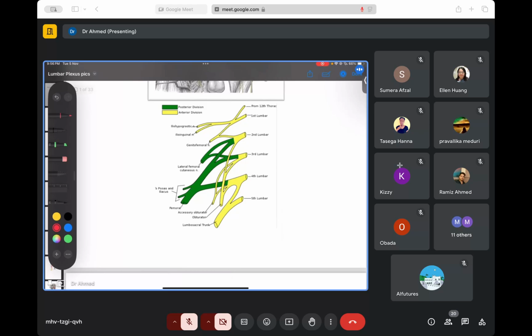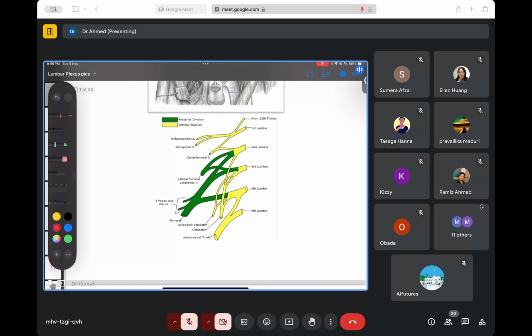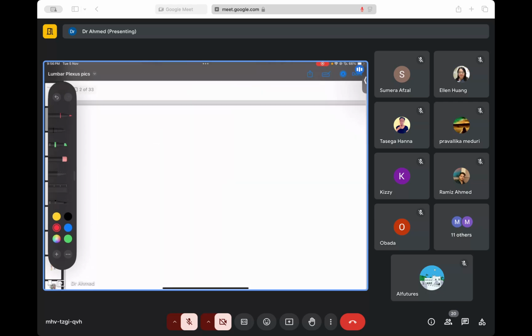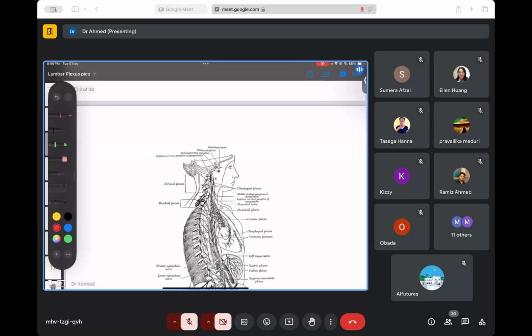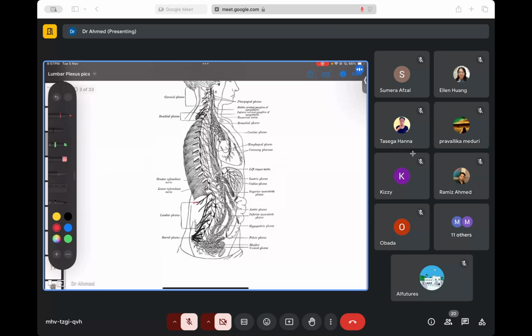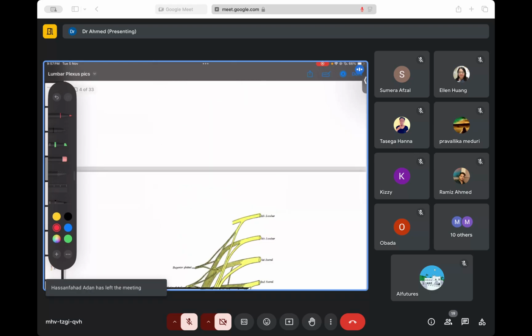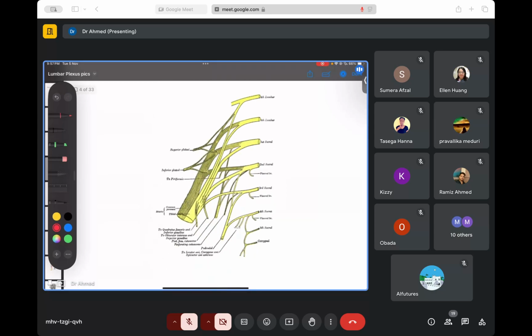So basically, the lumbar plexus is formed from the T12 to L5, right? Here in this picture, you guys can see these are your lumbar plexus and these are your sacral plexus.